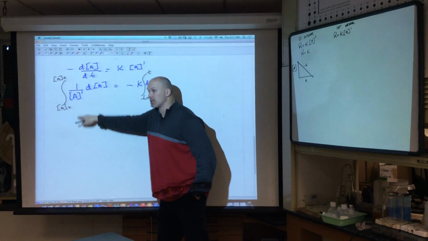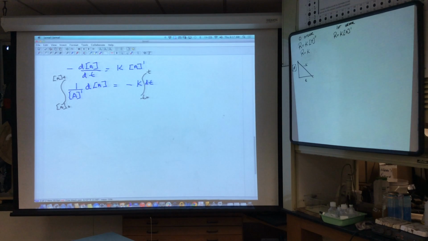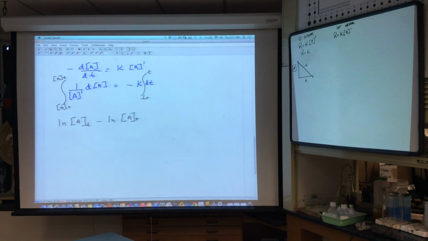So to integrate this, we get natural log of A. Now, of course, what is it though? Final minus initial. So I get the natural log of A from some time period, minus the natural log of A0 equals negative, same problem here, t0 is 0, so it's just going to be negative kt. I'd be doing the same thing with t, but I don't have to because t0 is just 0, okay?